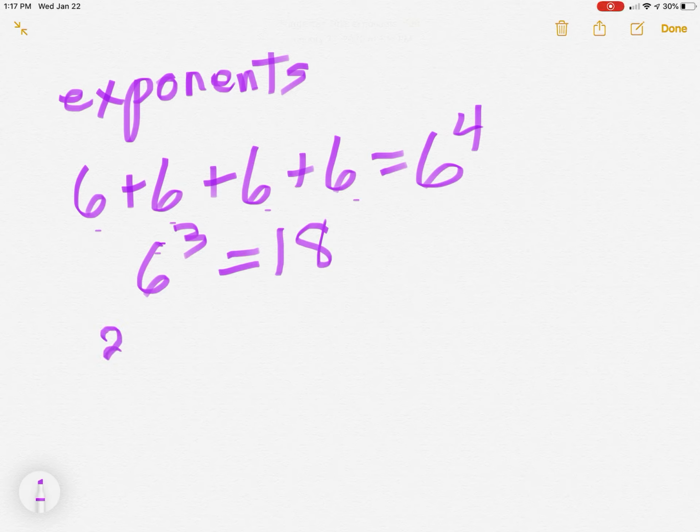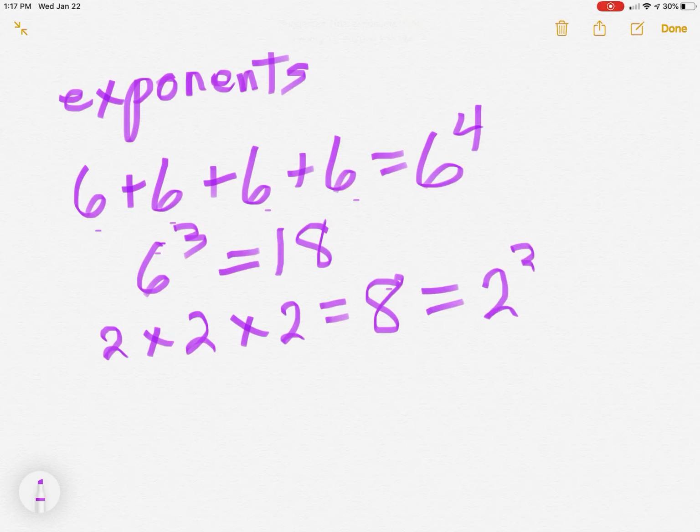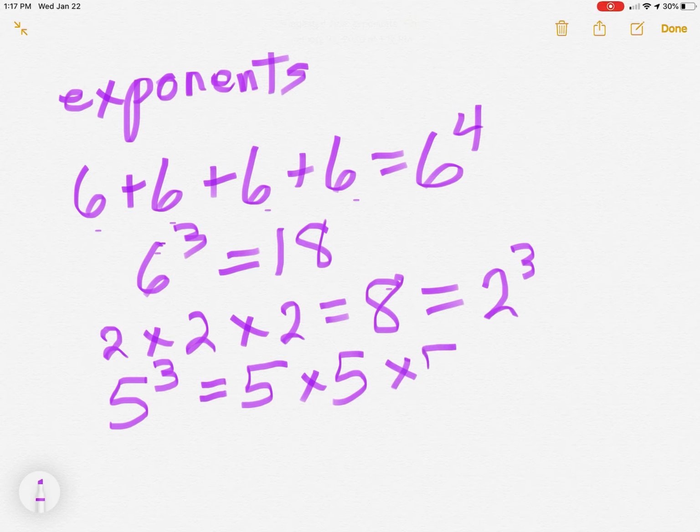Okay, if you have 2 times 2 times 2, that would be 2 times 2 is 4 times 2 is 8. And that's equal to 2 to the 3rd power. Okay, if you have 5 to the 3rd power, that's equal to 5 times 5 times 5.